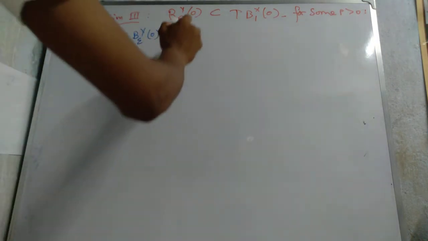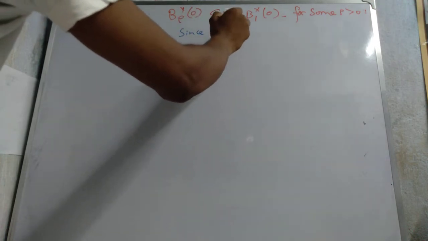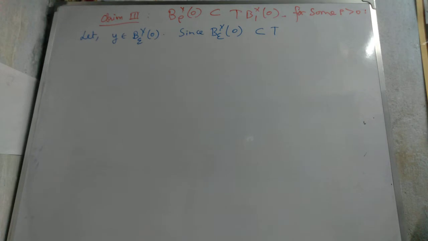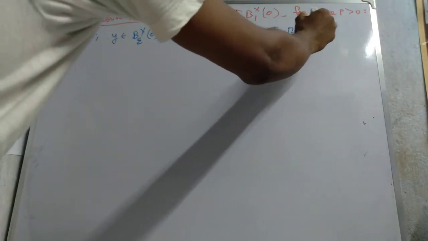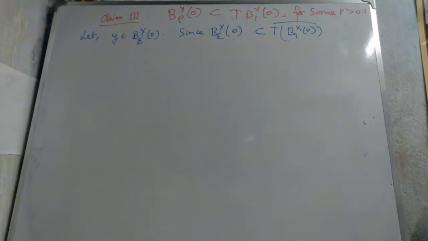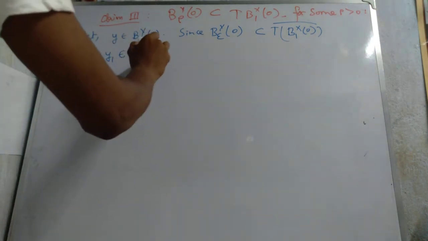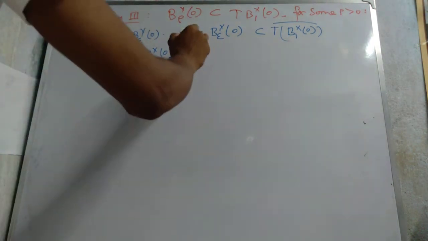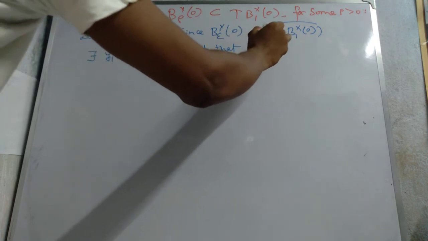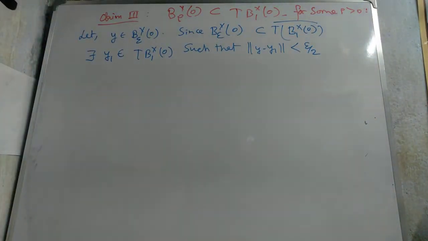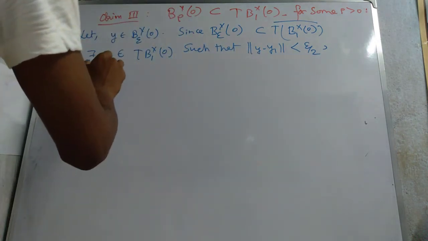Okay, this implies that since B_epsilon(y0) is a subset of the closure of T(B_1(x0)), there exists y1 belonging to T(B_1(x0)) such that norm of y − y1 is less than epsilon/2, where y1 equals T(x1) for x1 belonging to B_1(x0).